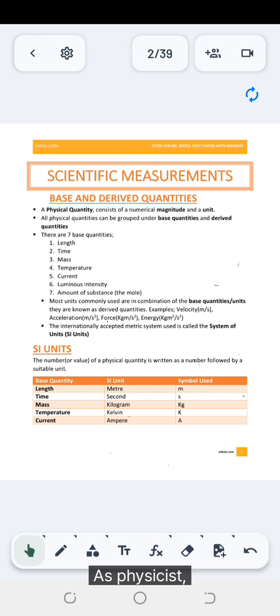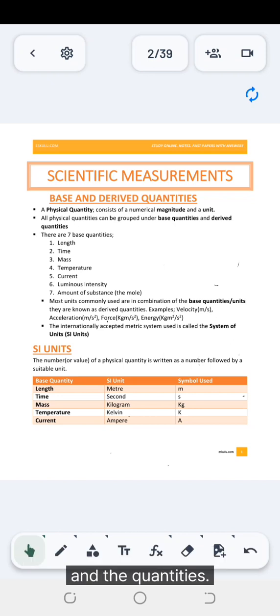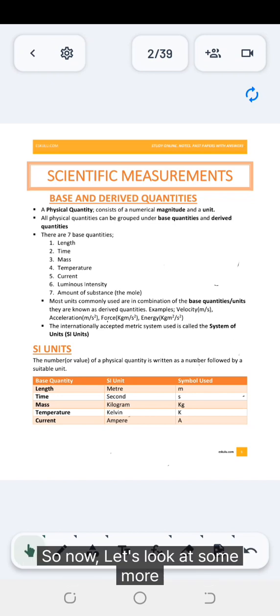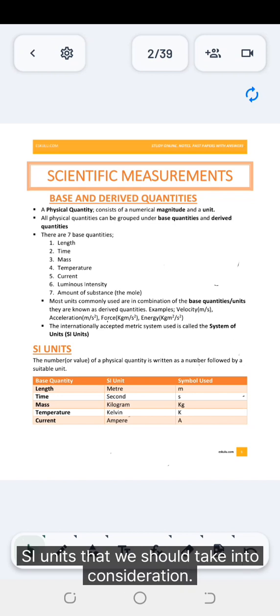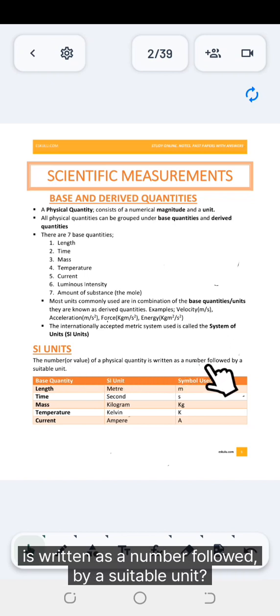As physicists, we know it is very important to know the units and the quantities. Now let's look at some more SI units that we should take into consideration. The values of physical quantities are written as a number followed by a suitable unit.